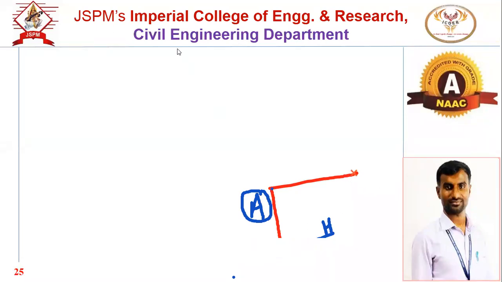Yes, how many will be the maximum unknown forces in portal method? Yesterday I told you how many there are, 1 2 3 4. 3. 3. Very good. So there are three forces. Out of three forces, how many are vertical and how many are horizontal? Yes.